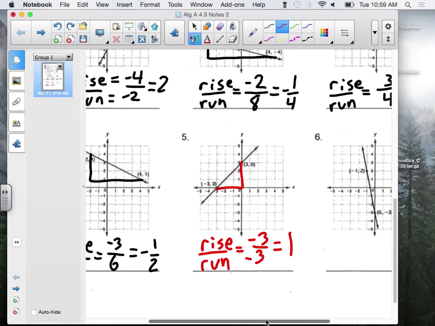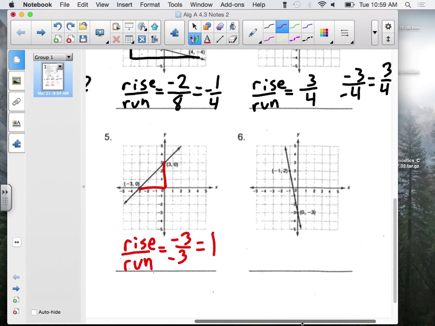Then, last one. If you haven't done this by yourselves already, you can do that. I'll do it too. So I'll start from -1, 2. I'll go down how many units? -5. Rise over run. -5, you said?